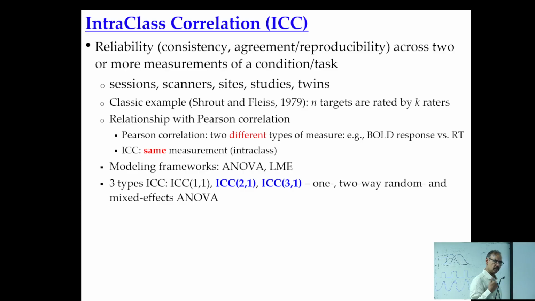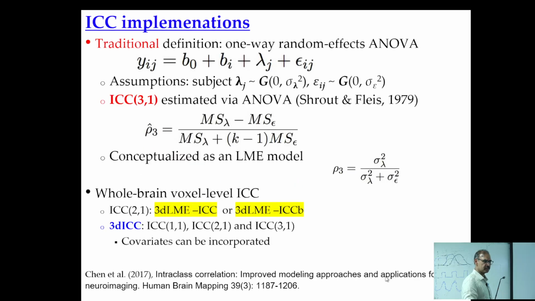If you scan someone and then bring them back, MR doesn't have units, so the values will be different. So that is why ICC is typically used. Right? And these are ways to do. Again, in MATLAB, there is 3D ICC, which is done.